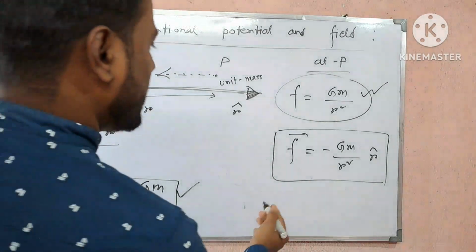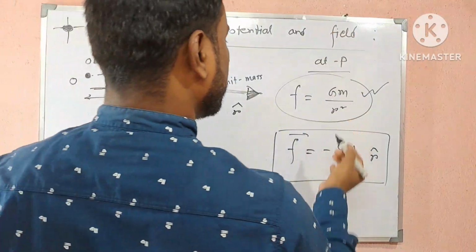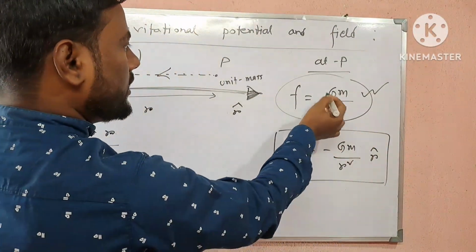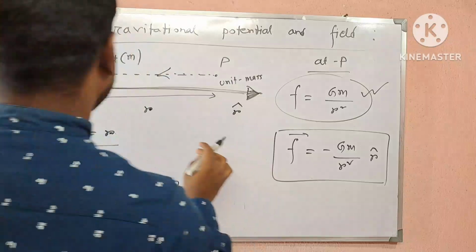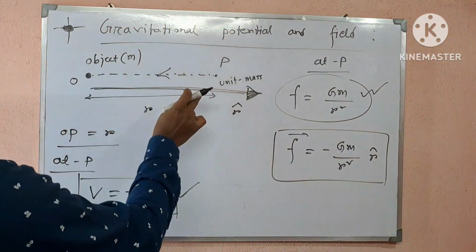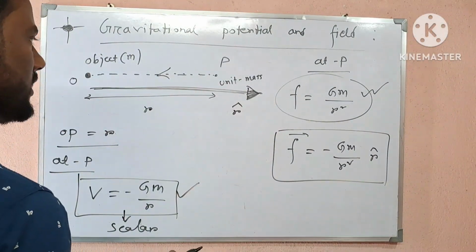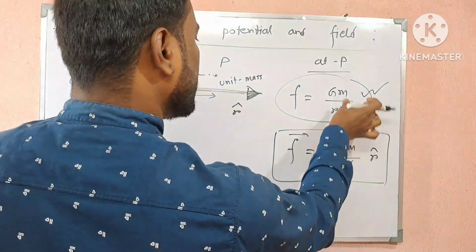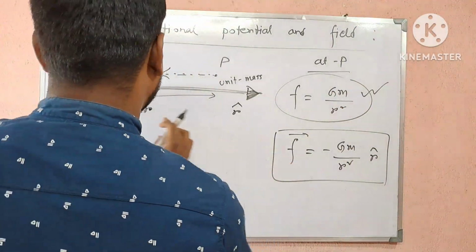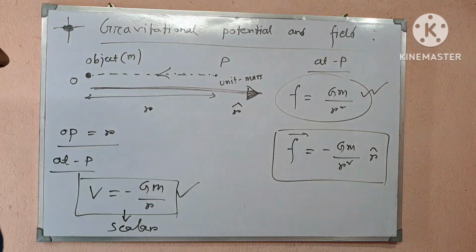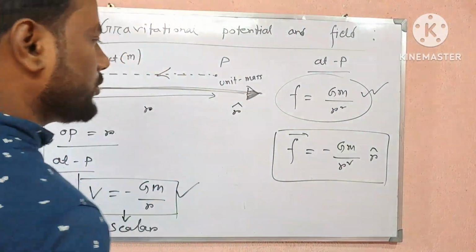So you can also write that gravitational field is a vector quantity and its magnitude is Gm by r square, where m is the mass of the object due to which we want to calculate the gravitational field, and the point at which we are calculating it is r distance away from this object. Its vector form is minus Gm by r square into r hat.